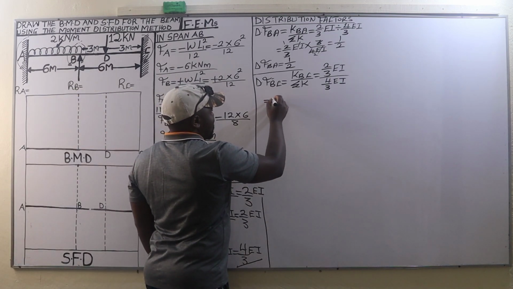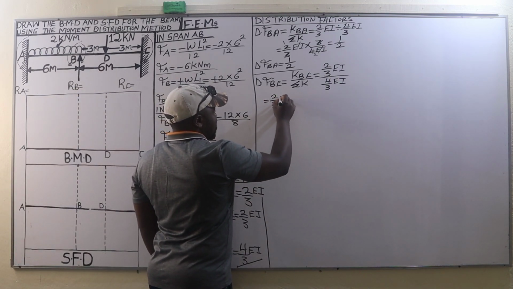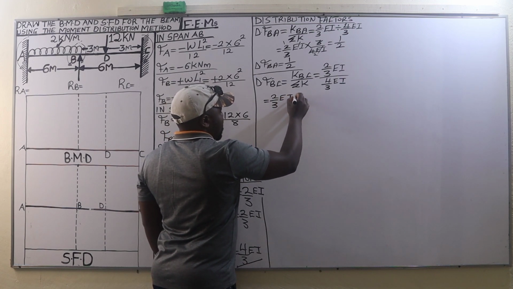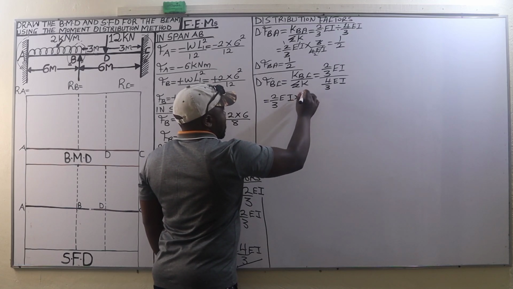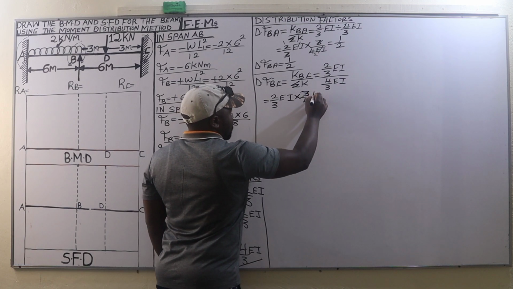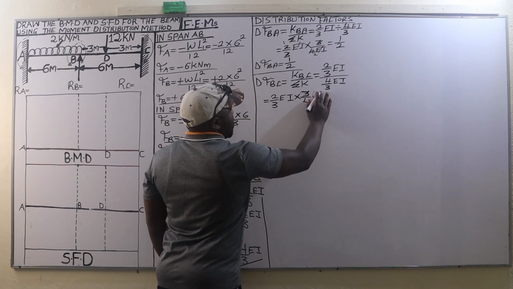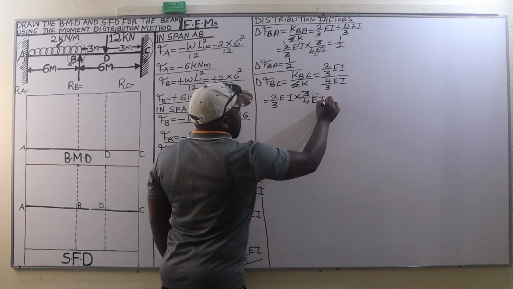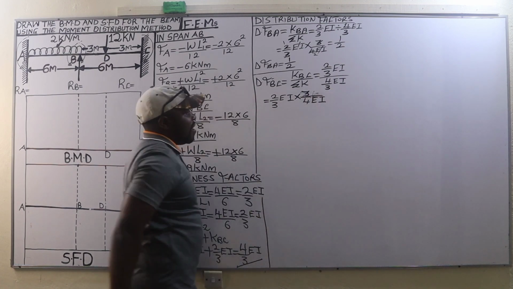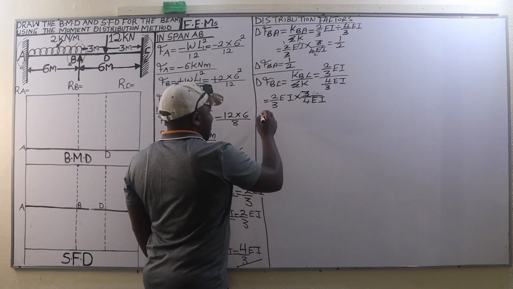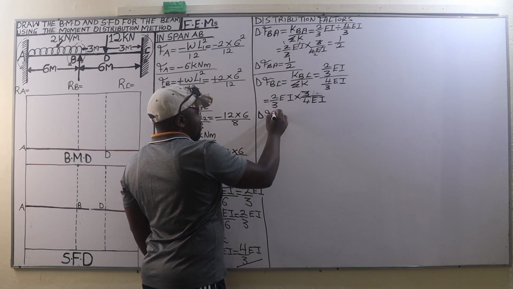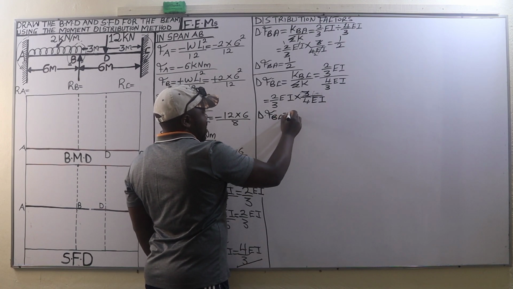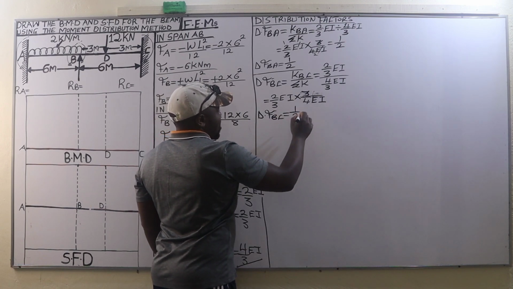And this is going to give us 2/3 of EI multiplied by the reciprocal of this, which is 3 over 4 EI. And just like the distribution factor on the member BA, the distribution factor for member BC is also going to be a half.